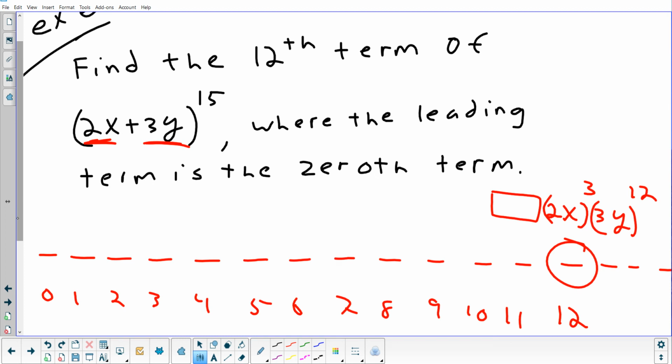Now we need to figure this out. What's the notation for what's going to go right there? What row do we want to look in? If we were doing row 3 of Pascal's triangle, we could just do that by hand. 15. We want to go to the 15th row. And what column do we want to be in? 12.